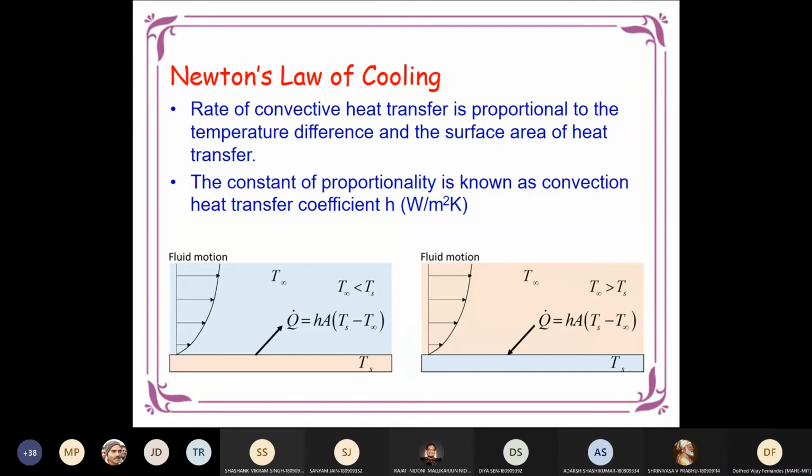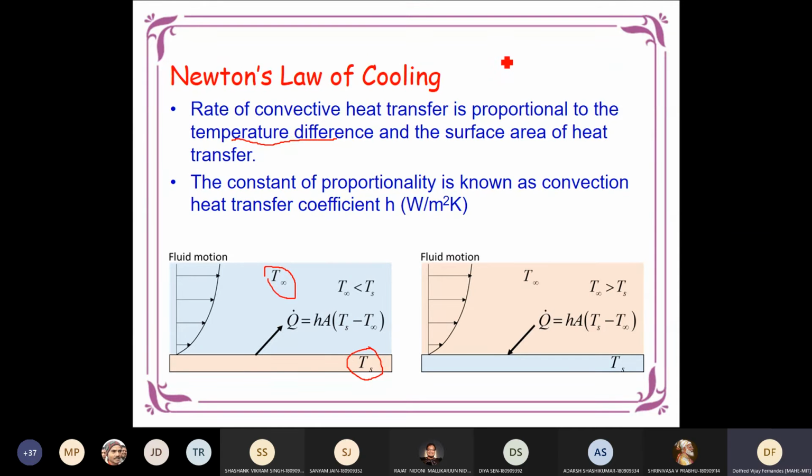Okay, so to estimate the rate of heat transfer by convection, we use Newton's law of cooling. It's very simple. The rate of heat transfer is proportional to the temperature difference. Here the temperature difference is the temperature of the fluid and the temperature of the surface. I have written T infinity, which is the fluid temperature, and Ts is the surface temperature.